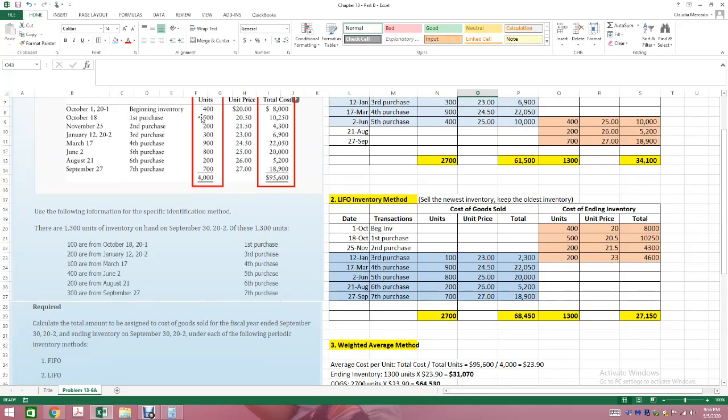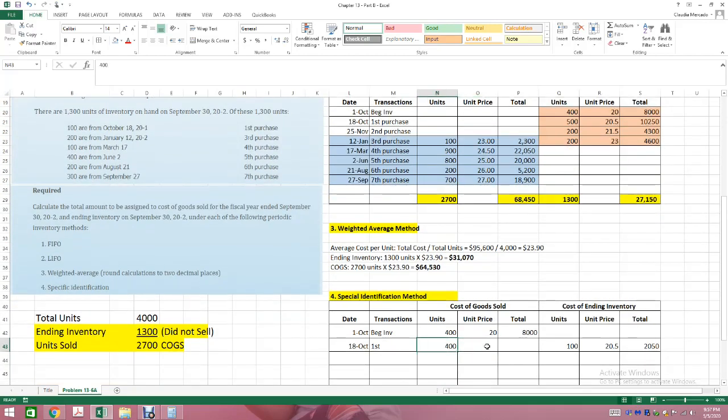How many did I not sell? Well, it tells you here that you did not sell 100 units from the October 18th transaction. So 500 minus the 100 that you did not sell, that means you sold 400. So we have 400 at $20.50, and that's going to give you $8,200.